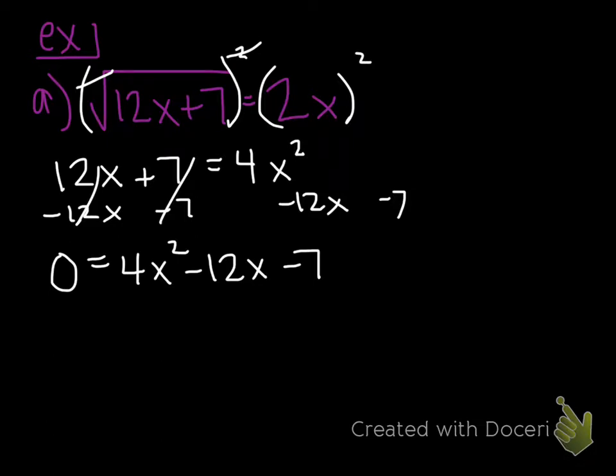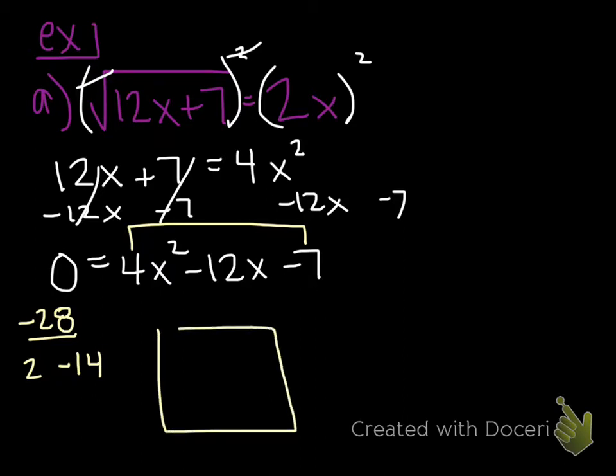So to factor, we do a times c. When I do that, I get negative 28. Now we need to figure out what multiplies to be negative 28 and what will add to be negative 12. The combination we want to use is 2 and a negative 14.